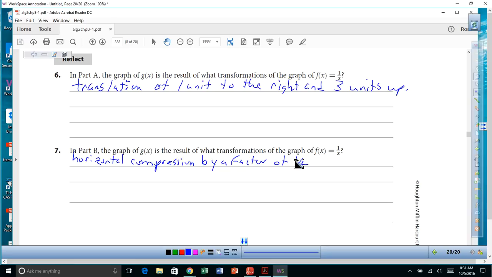There was also a reflection over the y-axis.